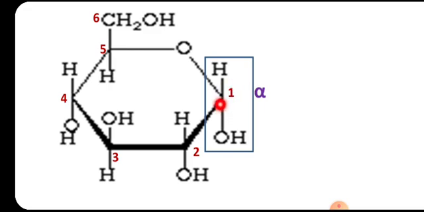So alpha conformation is the conformation around carbon number 1 where it is HOH. Conformation is the arrangement of groups around this central carbon atom.